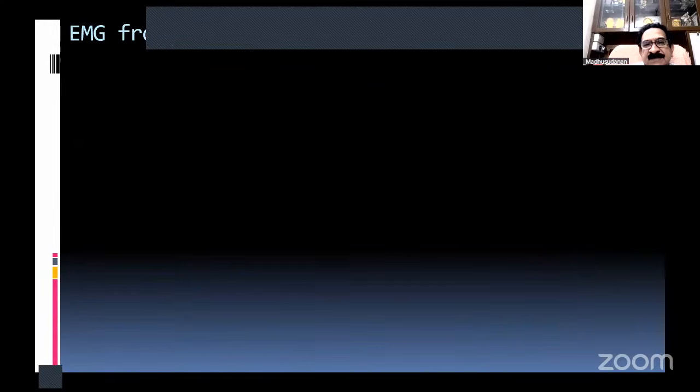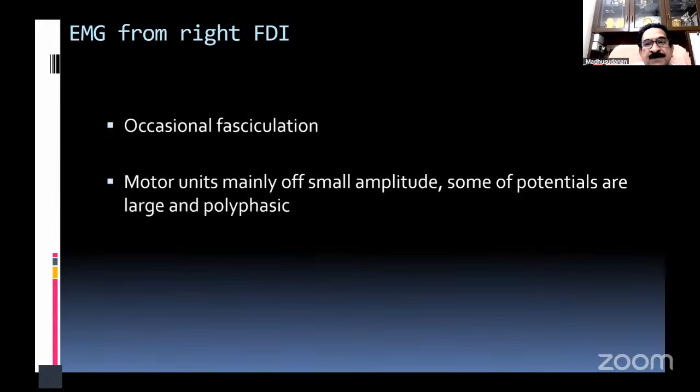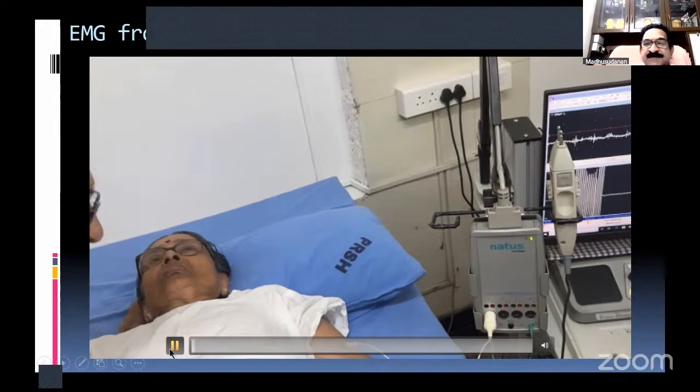Decreased interference. Now, occasional fasciculation. Motor units mainly of small amplitude. Some potentials are large and polyphasic. Almost complete interference. Then from the left biceps, see what is happening in the left biceps.